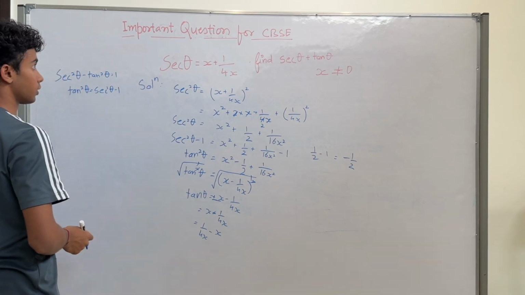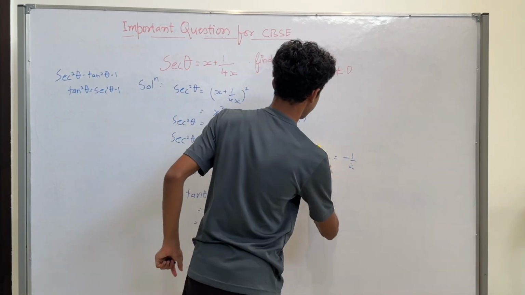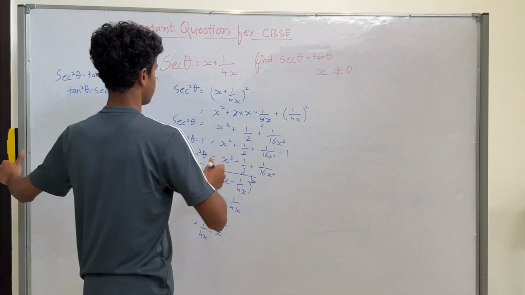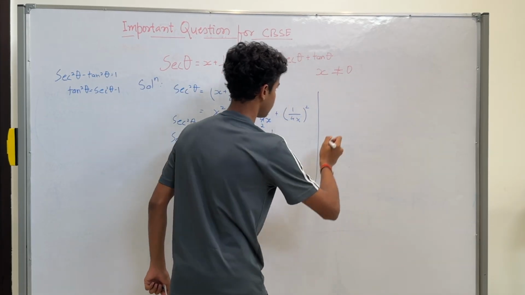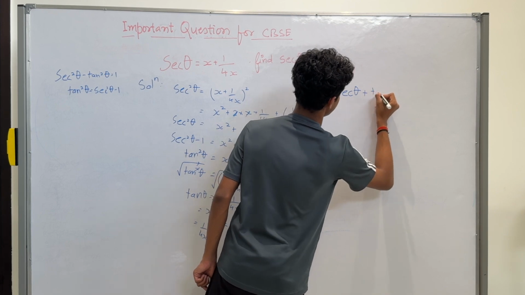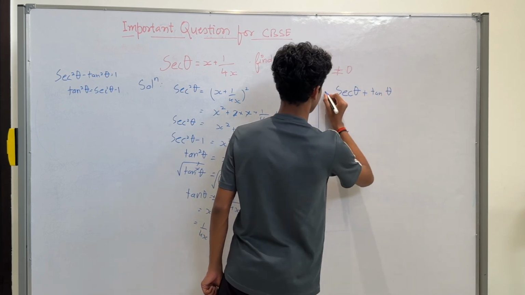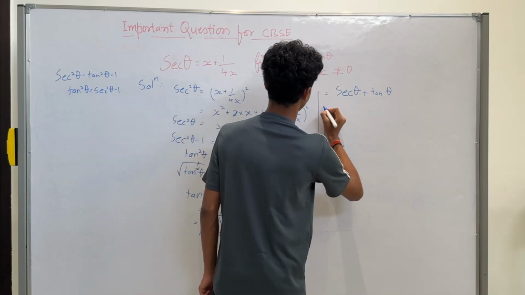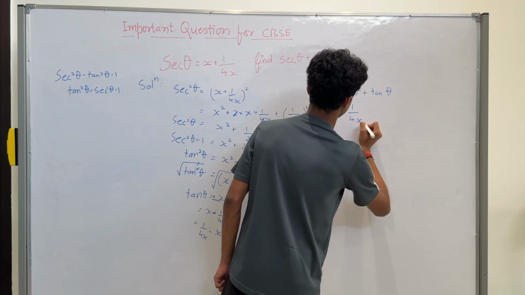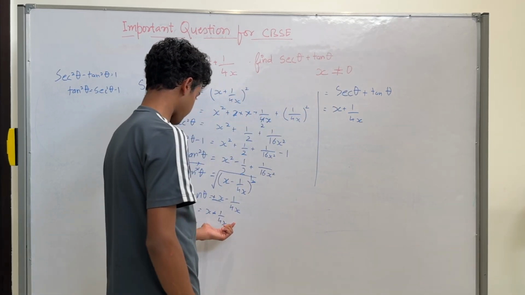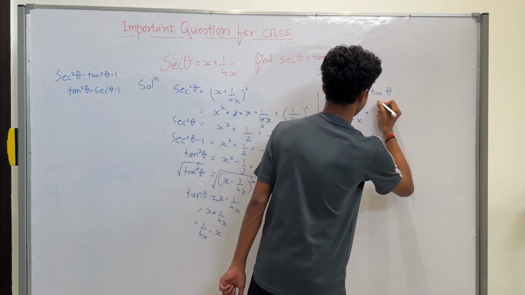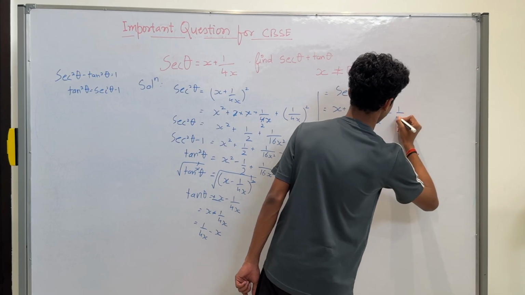Now let's come to our original problem where we have to solve sec theta plus tan theta. Write the value of the sec theta that we had from before, x plus 1 by 4x, and let's write the first value of tan theta, plus x minus 1 by 4x.